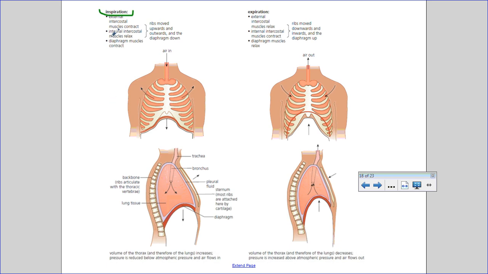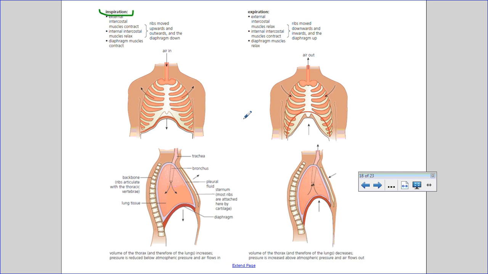The internal intercostal muscles will relax. The diaphragm will also contract. So this will allow the ribs to move upwards and outwards, and the diaphragm to move down. And what that does is increase the volume of the lungs, creating negative pressure in it, drawing air into the lungs.